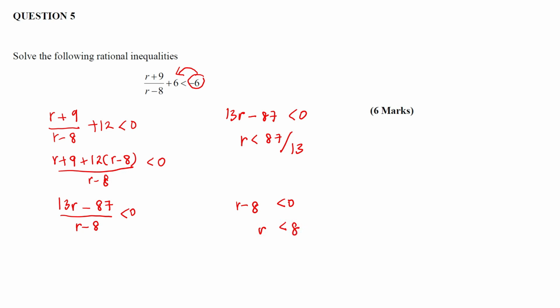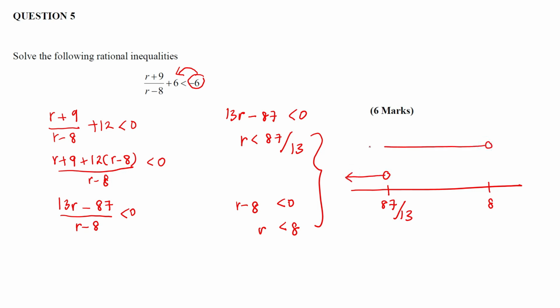So let's transform these two into a number line. 87 over 13 is less than 8. This is 8, right? So we have one arrow over here and another one over here. So the value on top of the arrow must be negative.